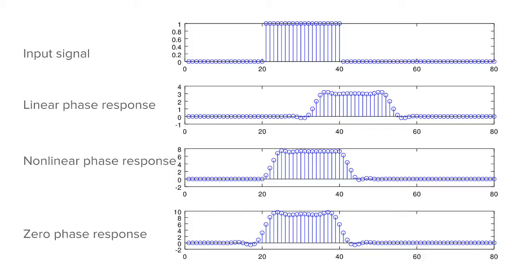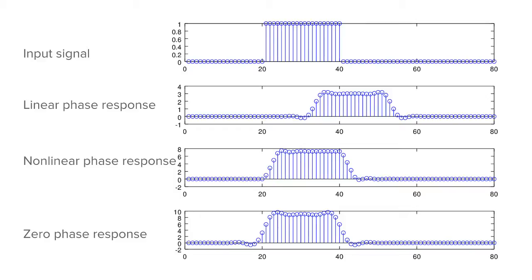Nonlinear phase response, I think it was a second degree system, is quite familiar from any analog system. There's a little bit of overshoot, but then it comes as an undershoot for the falling edge. On linear phase response, you have an equal amount of undershoot and overshoot for both the rising and falling edge.